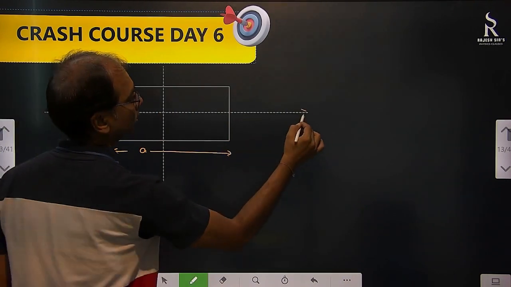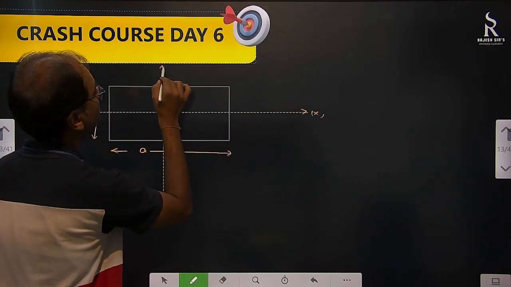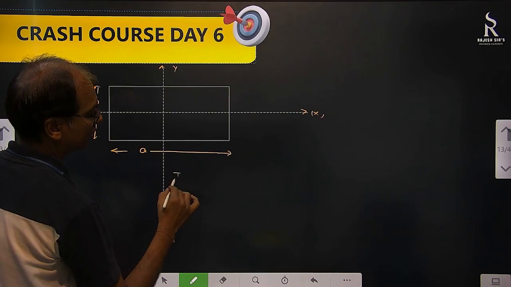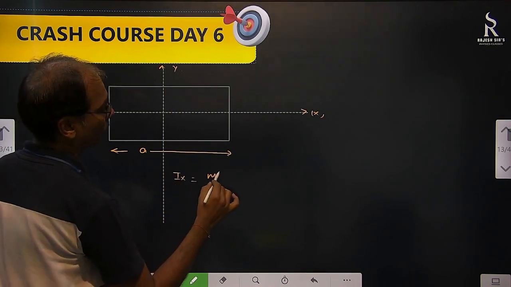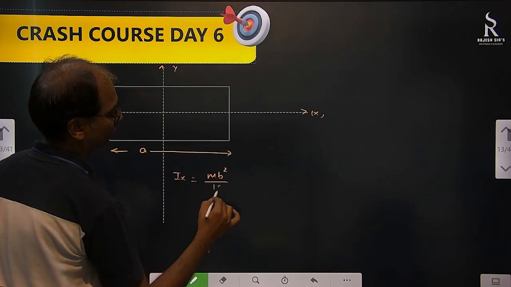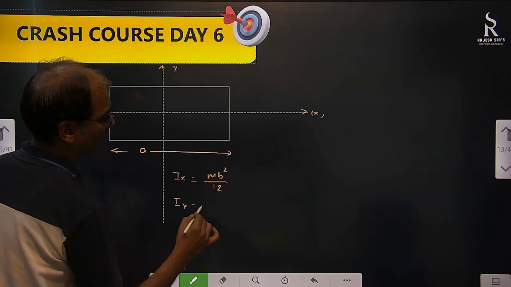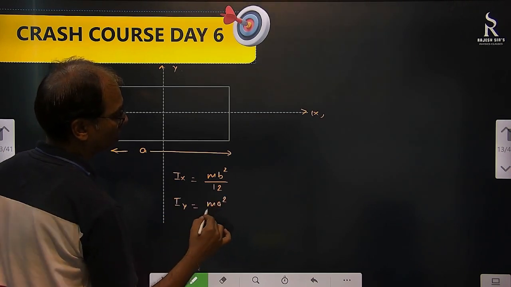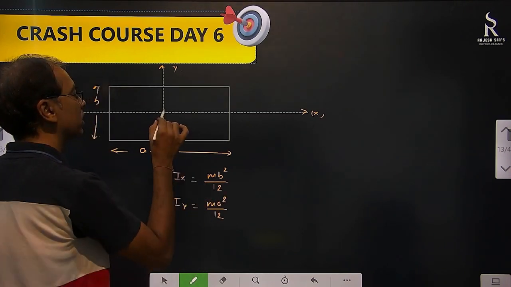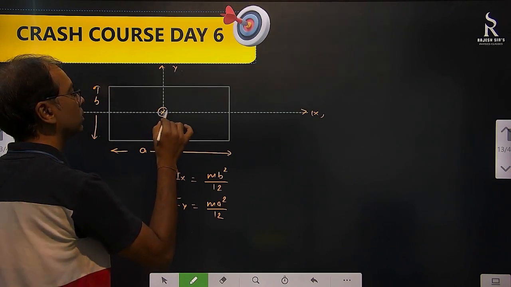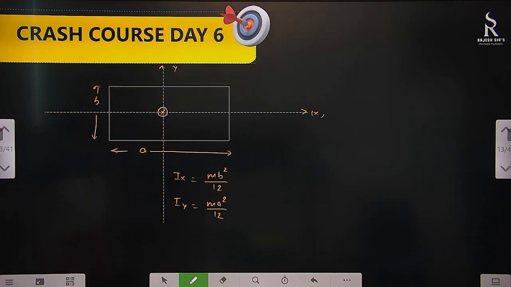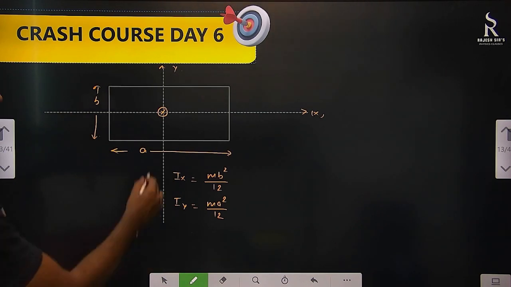This is x, this is y. About x, we know it is mb square by 12, and about y, it is ma square by 12. What I want now is the z-axis, which is here.